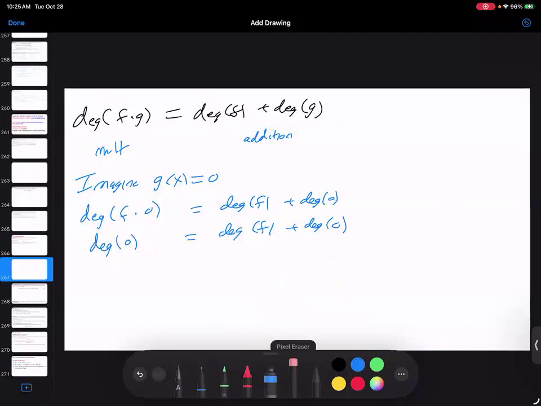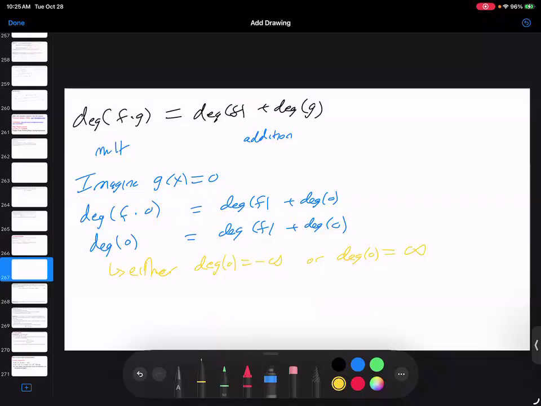So either the degree of 0 equals negative infinity, or what's the other possibility? Infinity. And it makes more sense to choose it to be negative infinity because it should be of a lower degree than everything else.